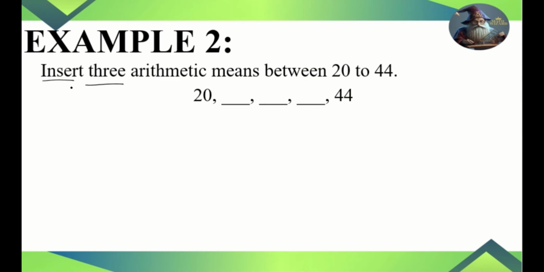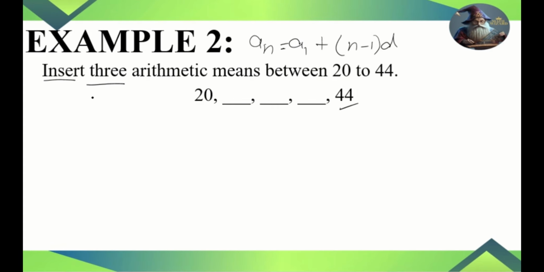So, para makuha natin itong tatlo na ito, gagamitin natin yung arithmetic sequence formula. Okay? So, again, yung arithmetic sequence formula: a sub n is equal to a sub 1 plus n minus 1 times d. Yan yung formula ng arithmetic sequence. So, gagamitin natin to. Okay, isulat muna natin yung given.